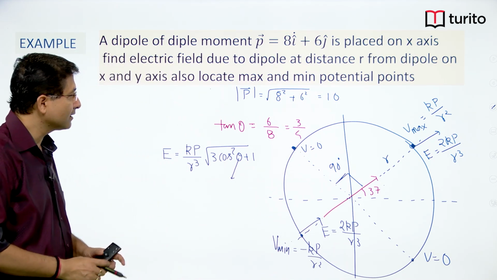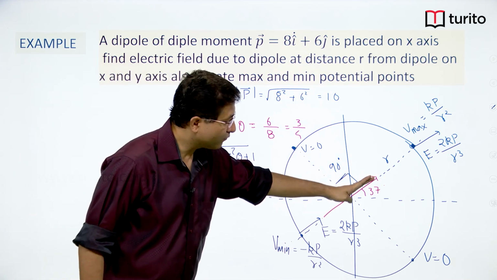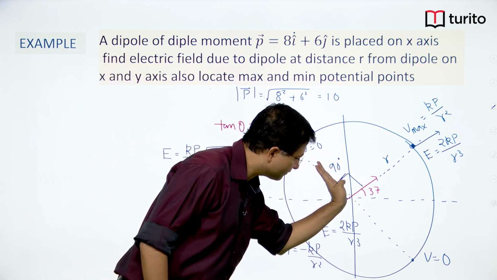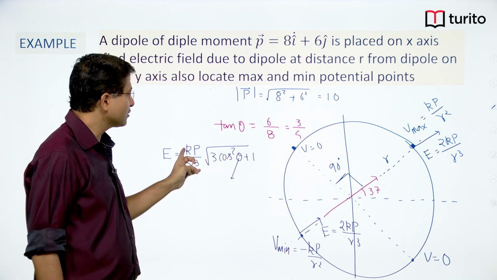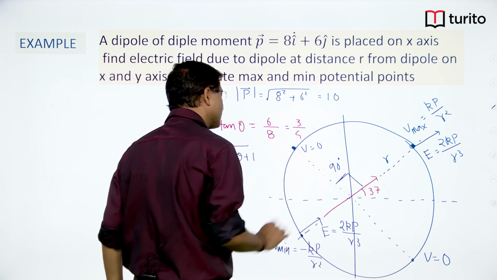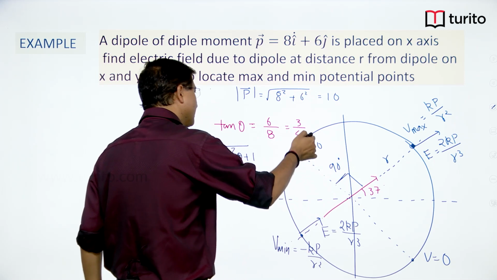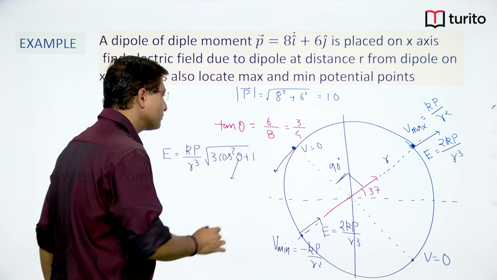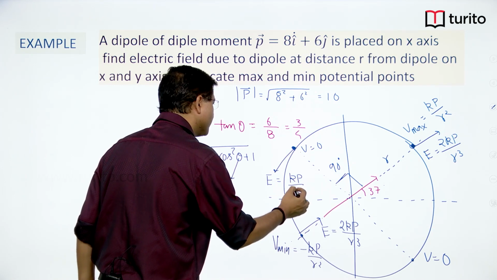For the bisector, the angle from the dipole moment is theta, right. So when theta becomes 90, cos theta becomes 0, and the field will be kp upon r cube, and we know that it will be opposite to the direction of the dipole moment. So the dipole moment direction is like this, the field direction will be opposite to that, and the magnitude of field will be kp divided by r cube.